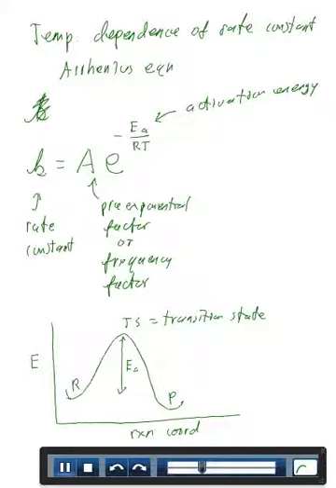Now if a reaction has a large activation energy, that means it has a large barrier to overcome in order to react to give us products. If it has a very low activation energy, then it has a low barrier.